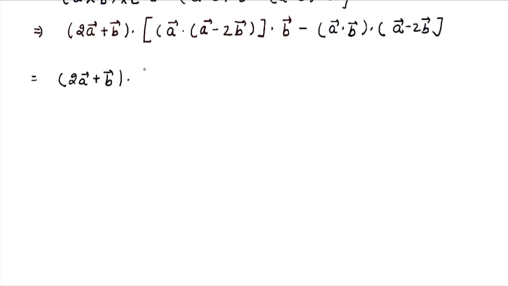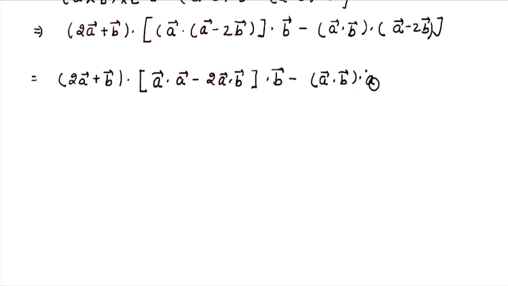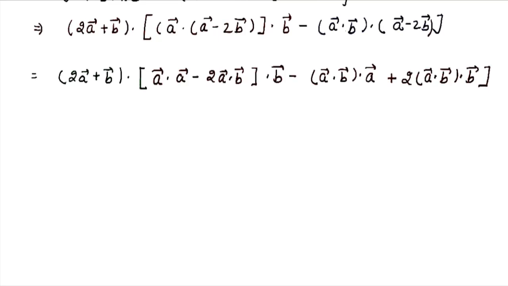We multiply the A vector inside: we get A vector dot A vector minus 2A vector dot B vector, outside dot B vector, minus A vector dot B vector times A vector minus 2B vector. Multiplying, we get A vector dot B vector dot A vector, and from here minus minus gives plus 2 times A vector dot B vector dot B vector.